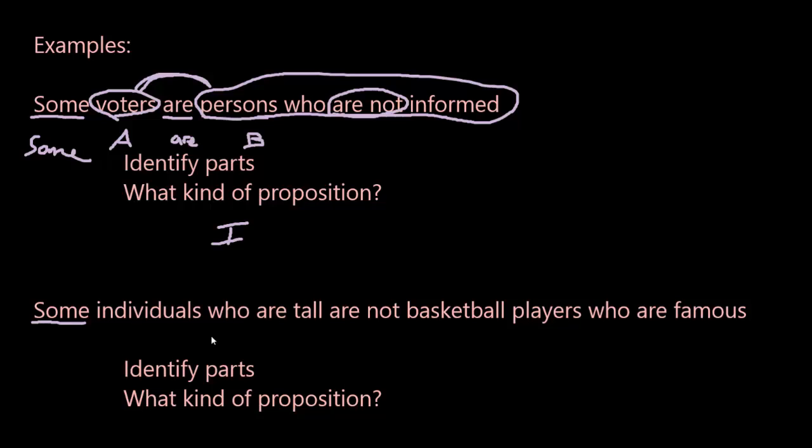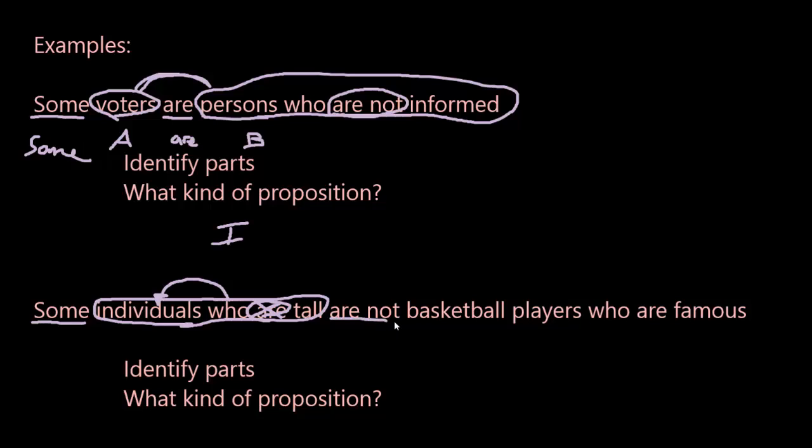Our subject term is going to be individuals who are tall. And that's because who are tall is modifying our grammatical subject. So this is not our copula, since it belongs to the subject term.